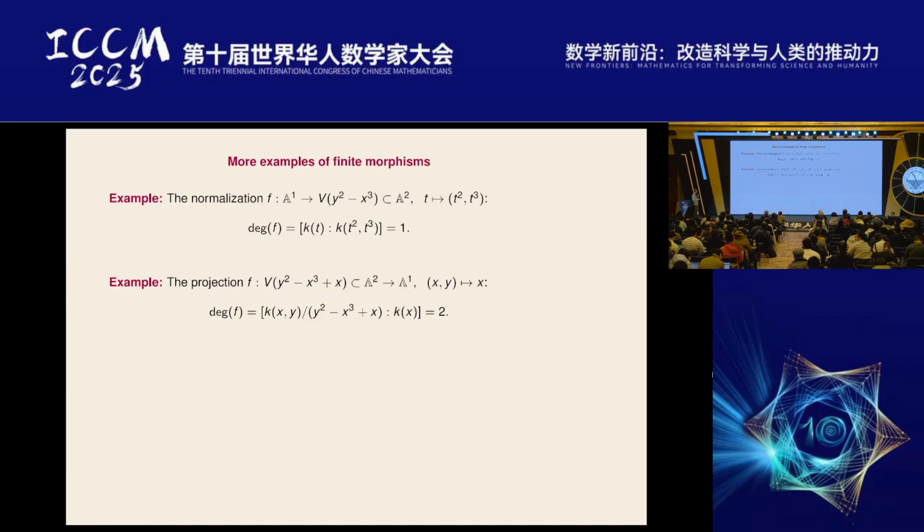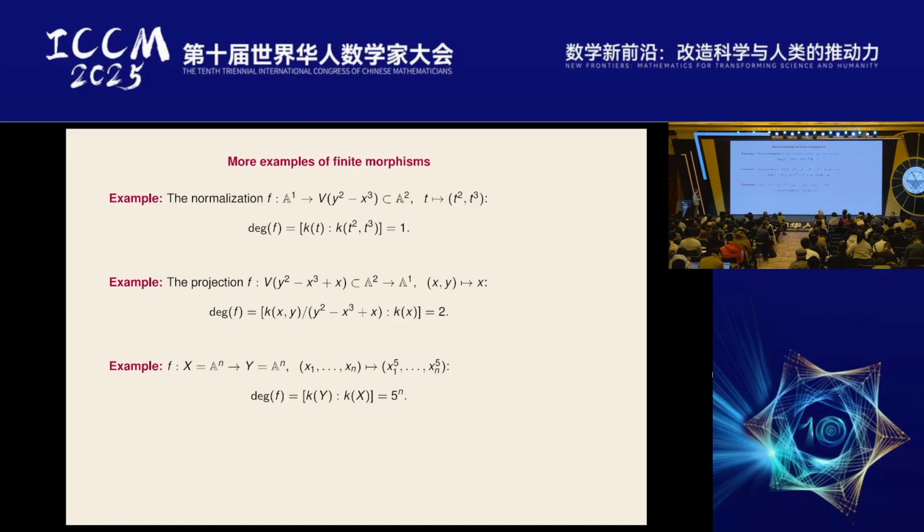Then again, we can calculate the degree in terms of fields and so on, or just in terms of inverse image of points, and we can see that the degree in this case is exactly 2. This is not surprising. This simply says that if you fix x, a general number, then you solve this equation y squared is equal to something, and that has exactly 2 solutions, so the degree must be 2.